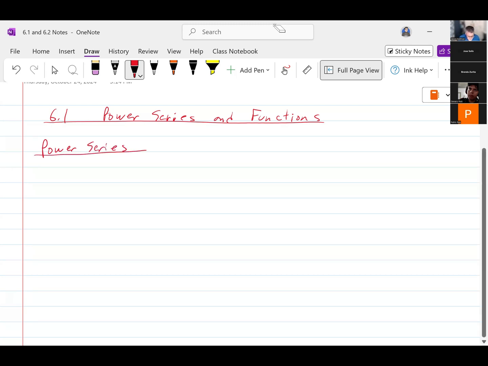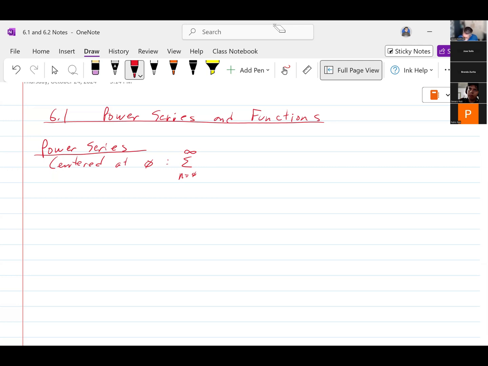See how it's defined. If the power series is centered at 0, then we have the following series, n equals 0 to infinity. They're going to start at 0, so keep that in mind. Before we started at 1, but now we're starting at 0 for our power series because we want to make sure that 1 is our first term.